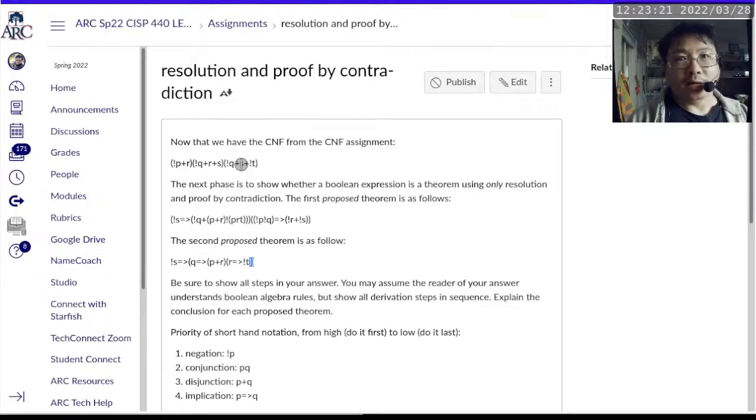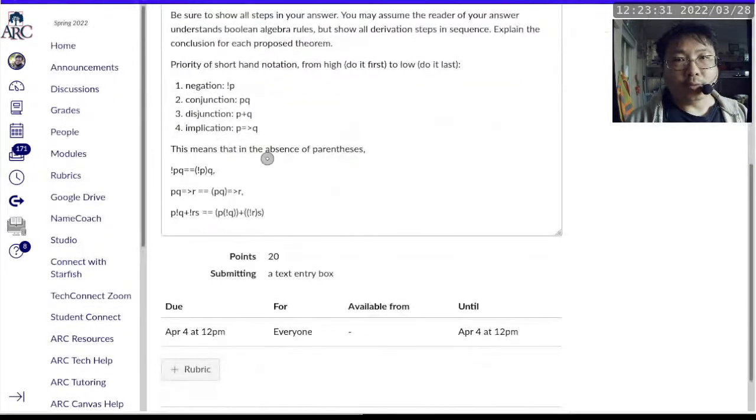So you're going to have to use resolution and also proof by contradiction to answer these questions. The bottom part of the assignment text also indicates the priority of the operators from high to low. Negation has the highest priority, which means it applies to whatever is immediately to its right-hand side.